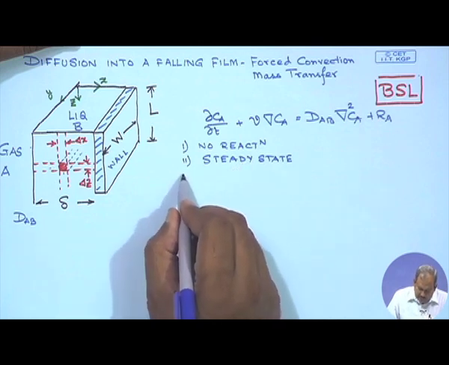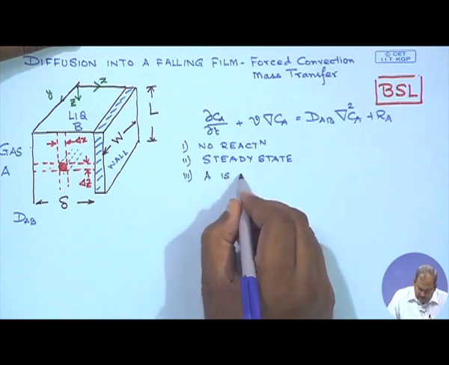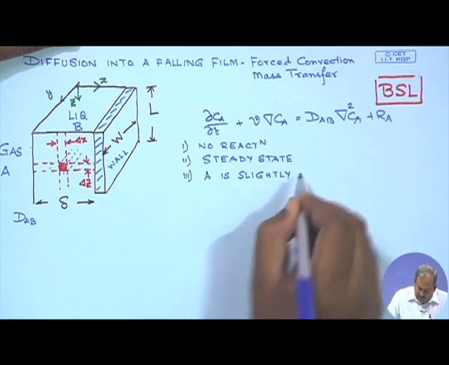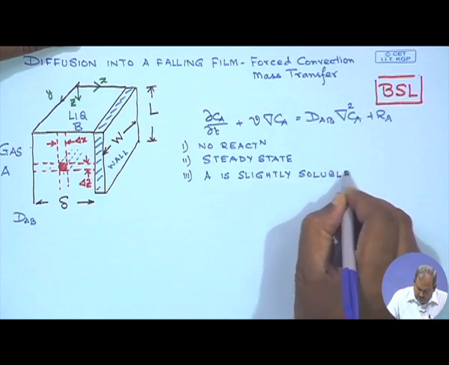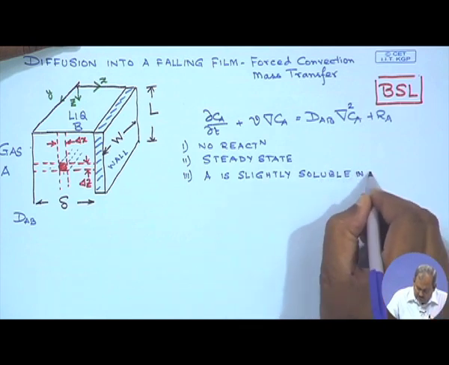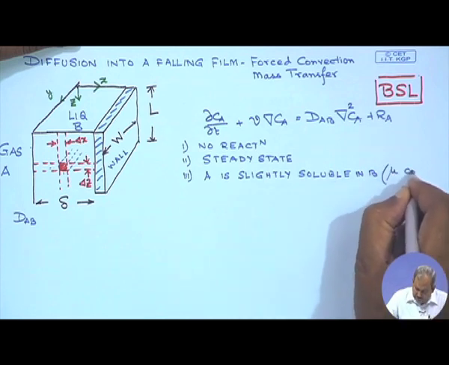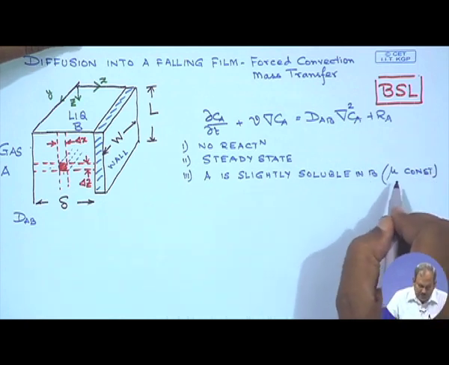And the third one is A is slightly soluble in B, that means the mu is remaining a constant. So mu is a constant.